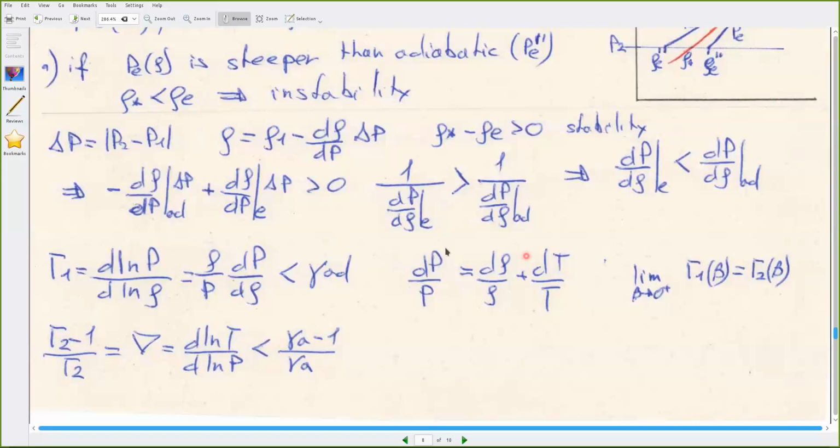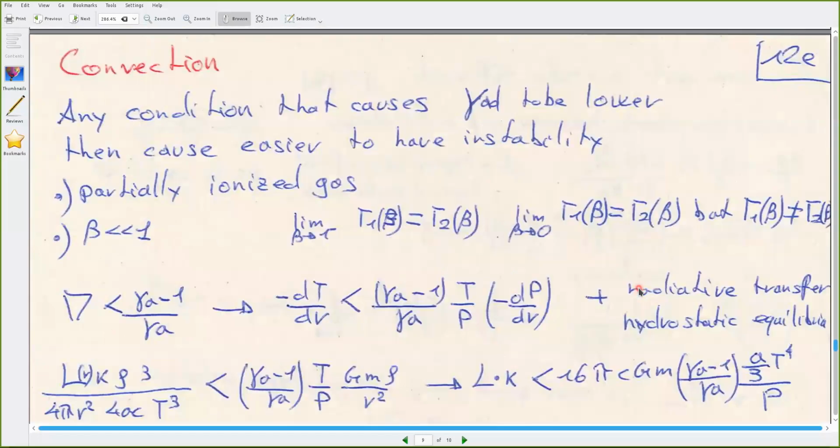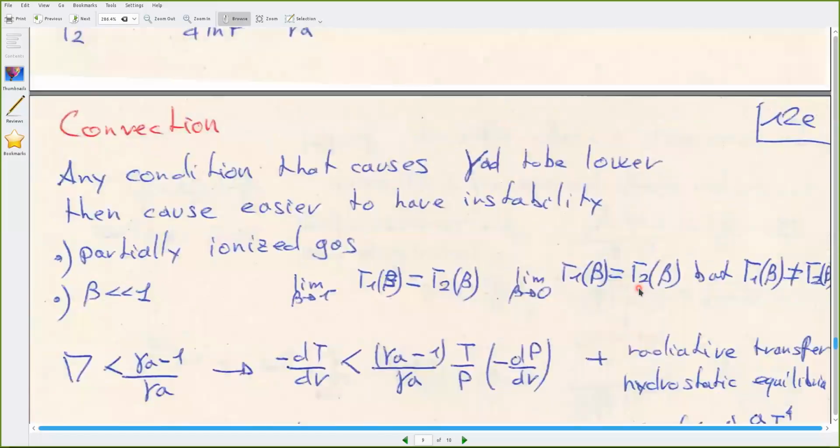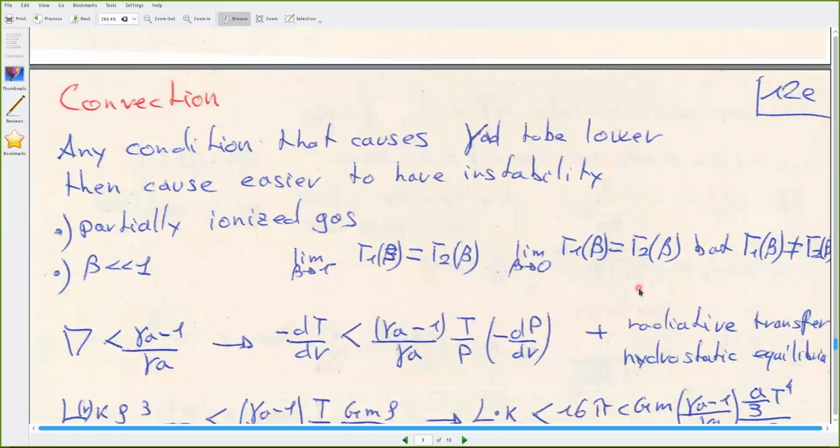Remember also this situation that came from the ideal gas equation of state. We know, for example, that for beta going to 0, the two will be similar. Also for beta going to 1. Let's see later.